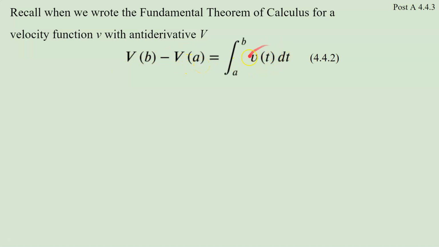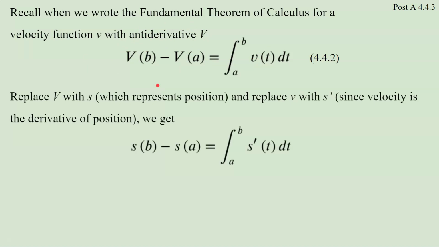You can think of this here as being velocity. This is now position. If we replace the antiderivative with s, which represents position, and we replace little v with s prime, because velocity is the derivative of position, so s prime is exactly the same as v, then we get this statement right here.